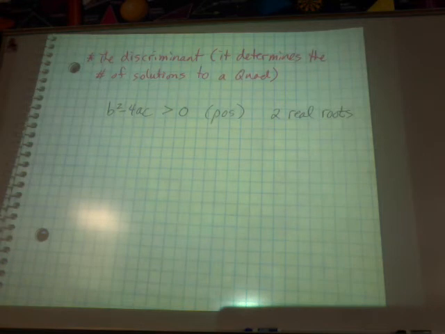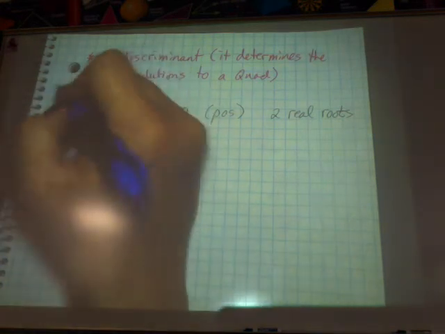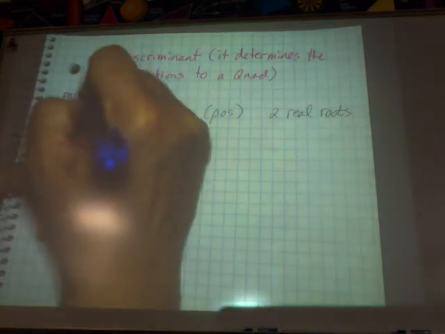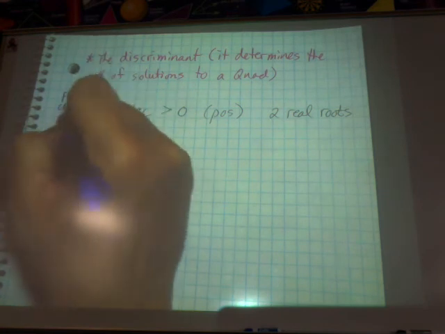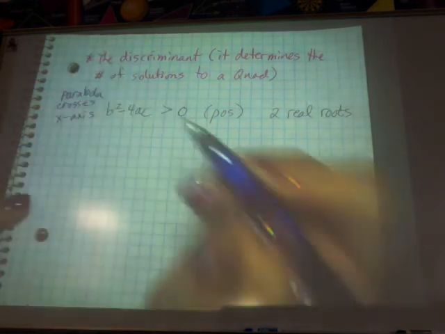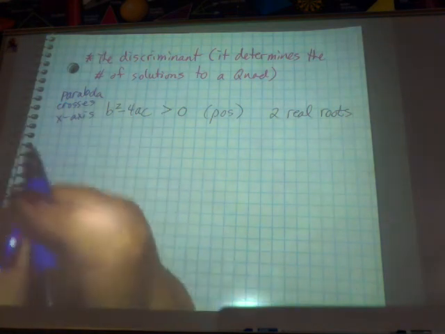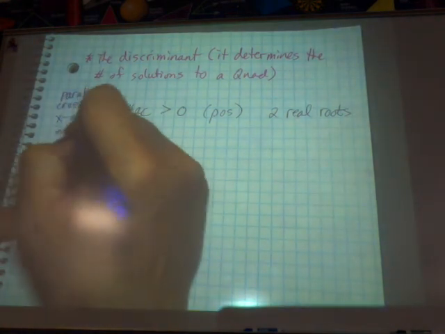But for our purposes, you're not going to have imaginary roots. They're going to be real or not. And so that means that your parabola crosses the x-axis in how many places? In 2 places.